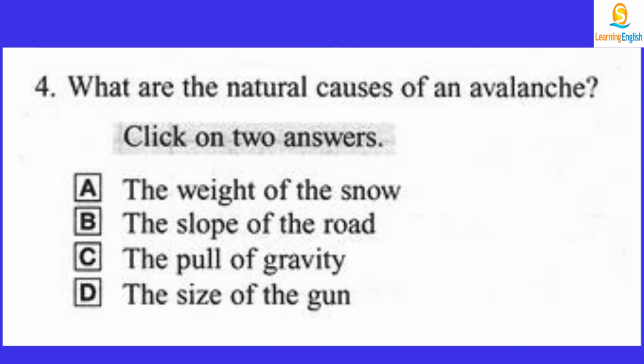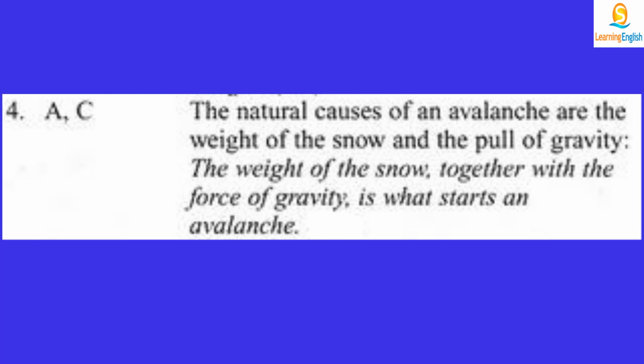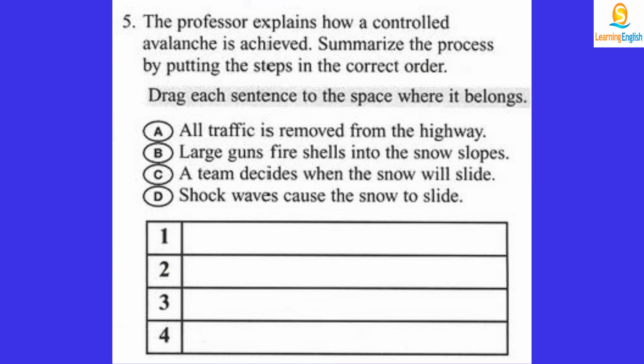What are the natural causes of an avalanche? Number 5. The professor explains how a controlled avalanche is achieved. Summarize the process by putting the steps in the correct order.